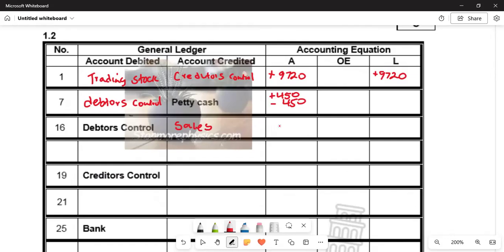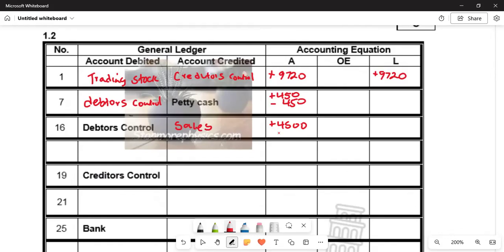Now let us see the effect on our accounting equation. The effect is going to be plus 4,500, because we are adding to our assets. Our assets are going to be increased because of the debtor.